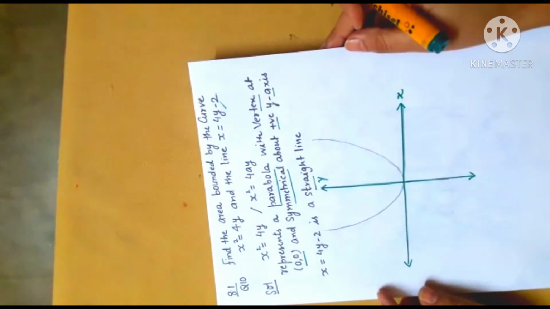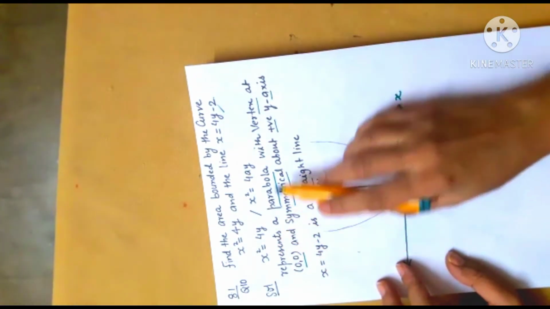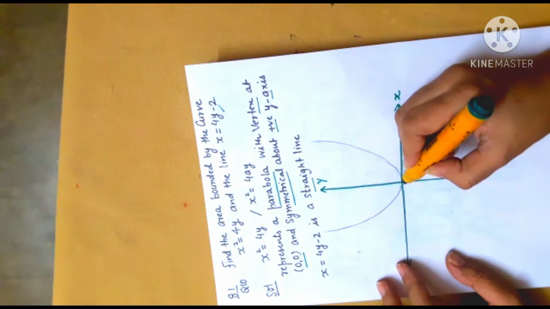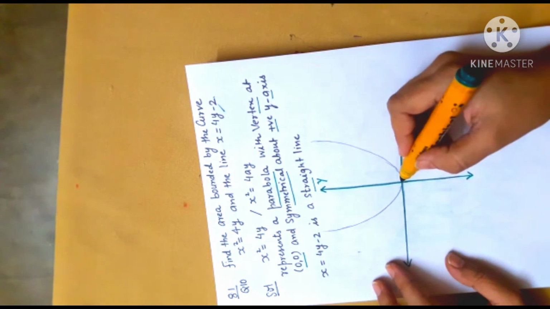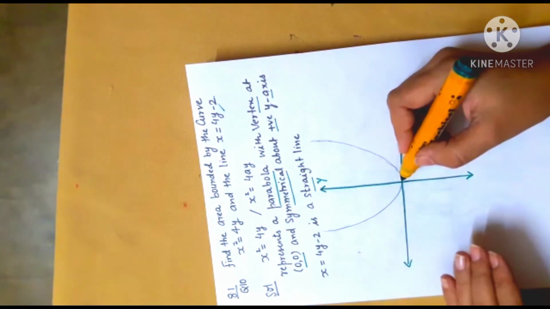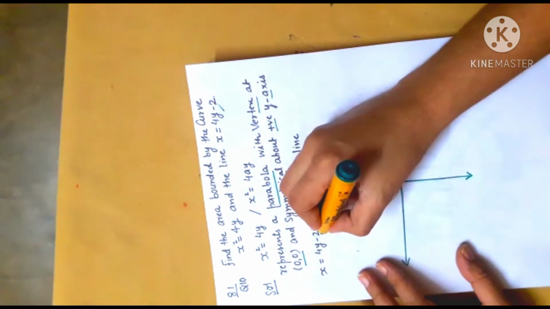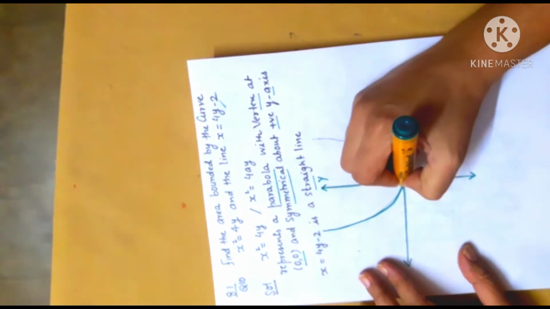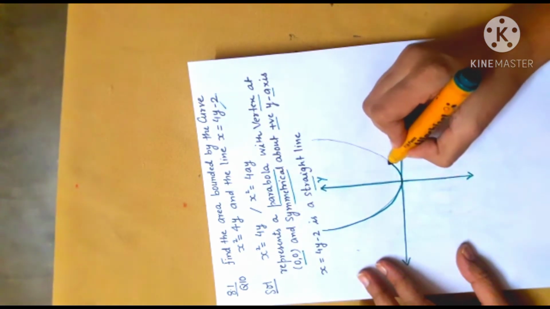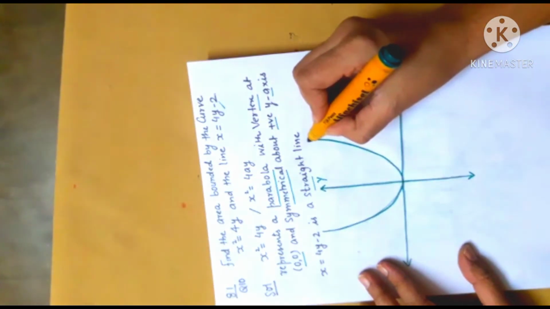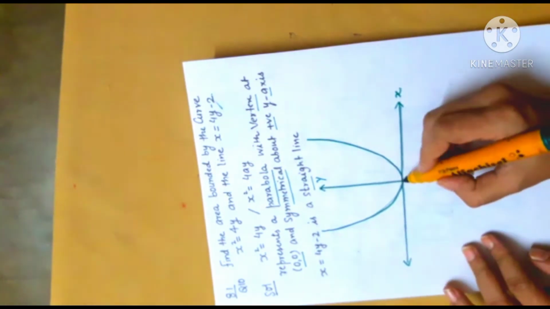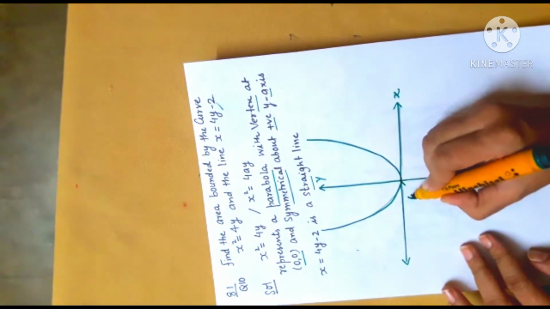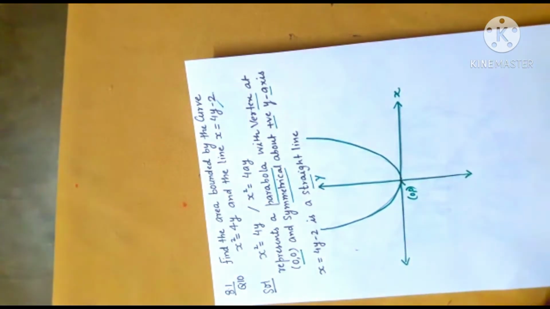So let's draw the figure. This represents a parabola with vertex at origin and symmetrical about positive y-axis. That means the parabola will open upwards. So let this be the parabola with vertex at 0, 0.